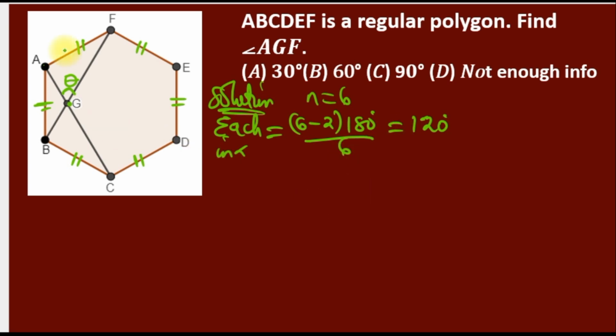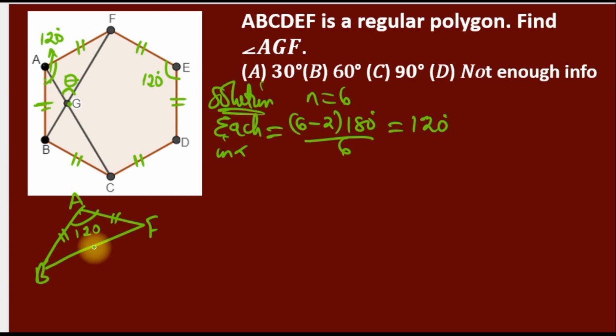And since this angle is 120, this is also 120. This is 120. If you notice, here is A, B, and F. This is 120, and we have these sides equal.